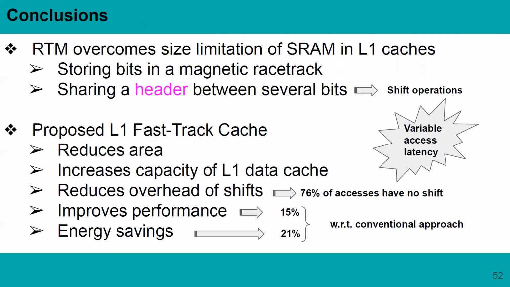To conclude, the size of current L1 caches is constrained due to the limitations of the SRAM technology. In this work, we have proposed to implement L1 caches with the much denser Racetrack memory technology. However, this technology imposes a variable access time due to the necessity of shift operations.